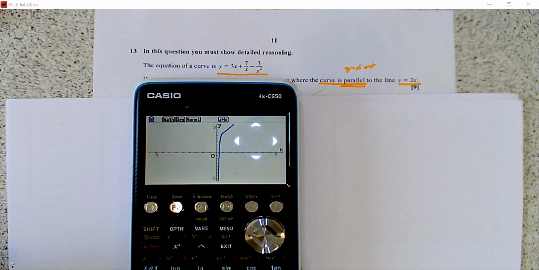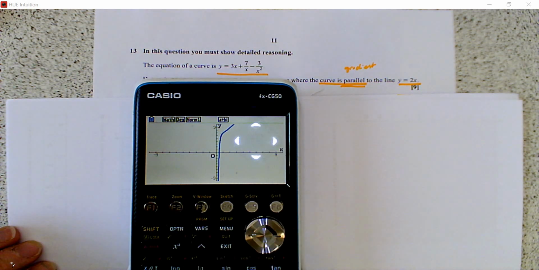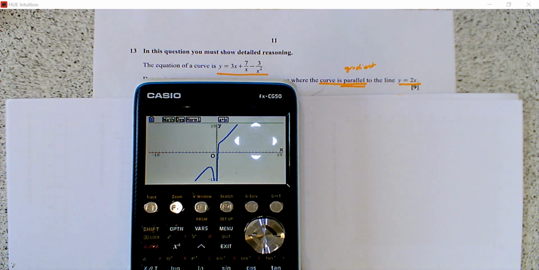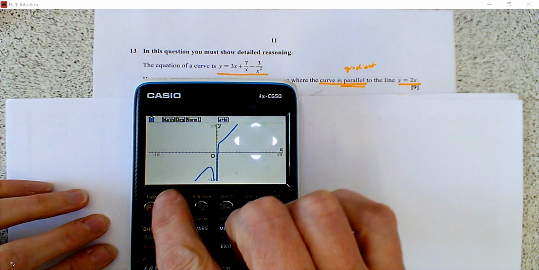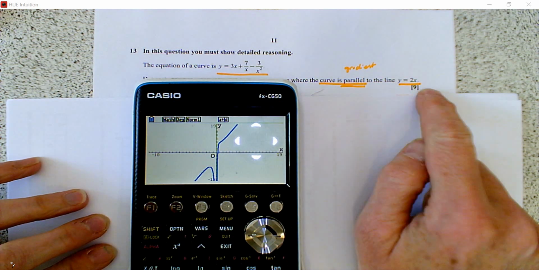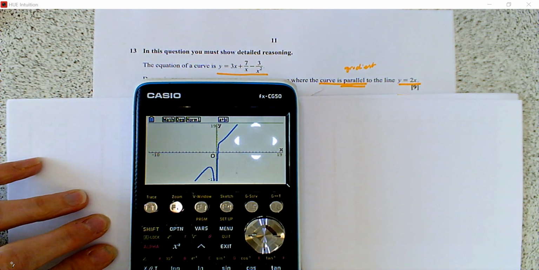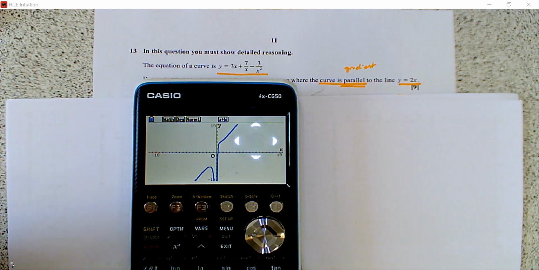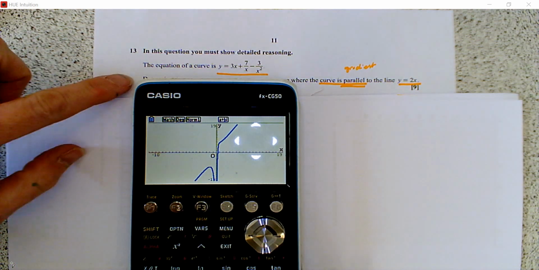If I zoom out, maybe that'll help. There we go. If I zoom out, I can see some more. So we're looking at when the curve is parallel to the line y equals 2x. I could actually get my answer now, but I'm going to have to show some method.